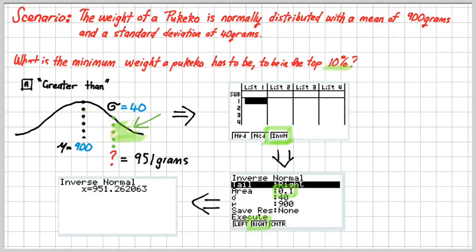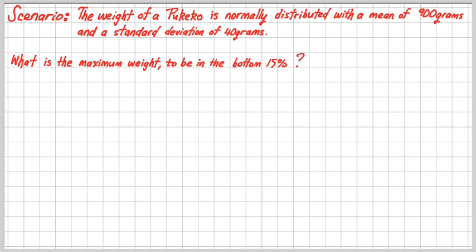So now let's consider another scenario. We're looking at the same pukekos who are normally distributed with a mean of 900 and a standard deviation of 40, but this time we're going to ask the question, what is the maximum weight to be in the bottom 15%?